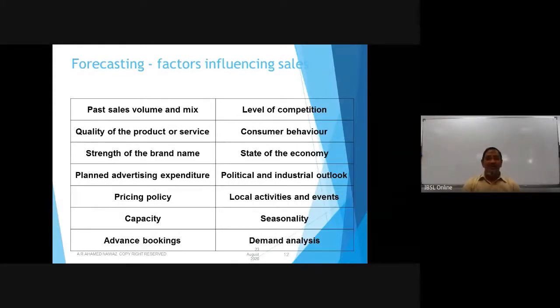Okay, it is not a matter of high profit margin. It is the volume of business. For example, if you look at the grocery, their profit margin is very small. By increasing the volume only, they earn profits.